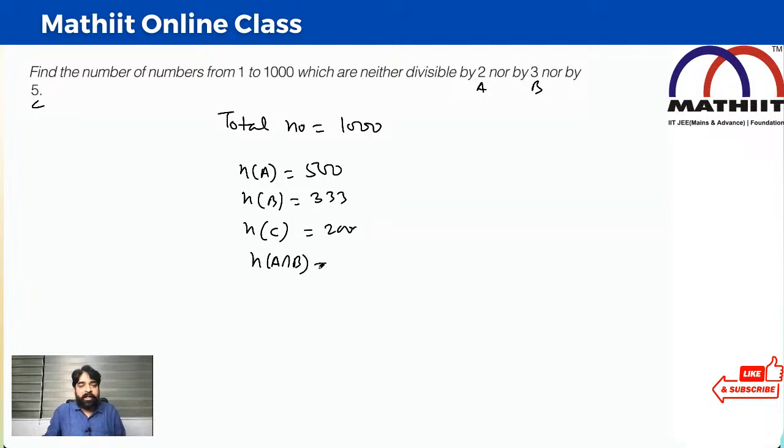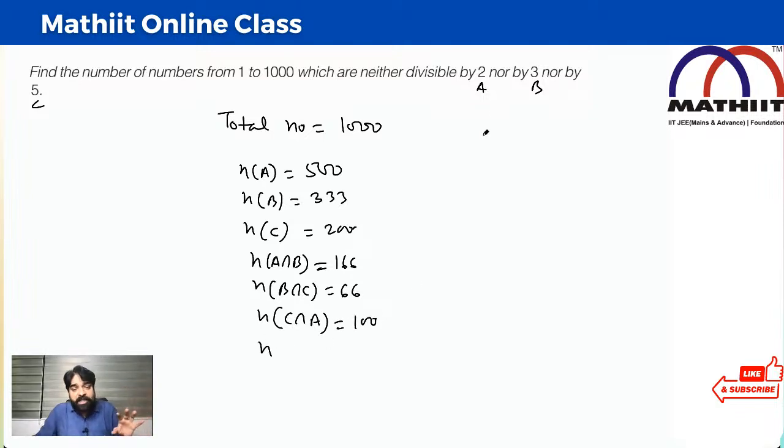So if you divide, that is going to be 1000 by 6, which will be equal to 166. And N of B intersection C means 3 and 5, 15. So 1000 by 15 will become 66, I guess. And N of C intersection A means divisible by 5 and 2 both, means 10. So that will be equal to 100.